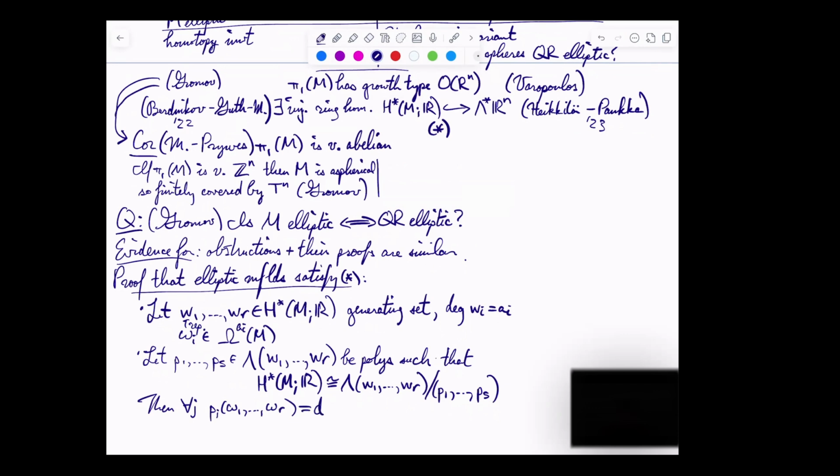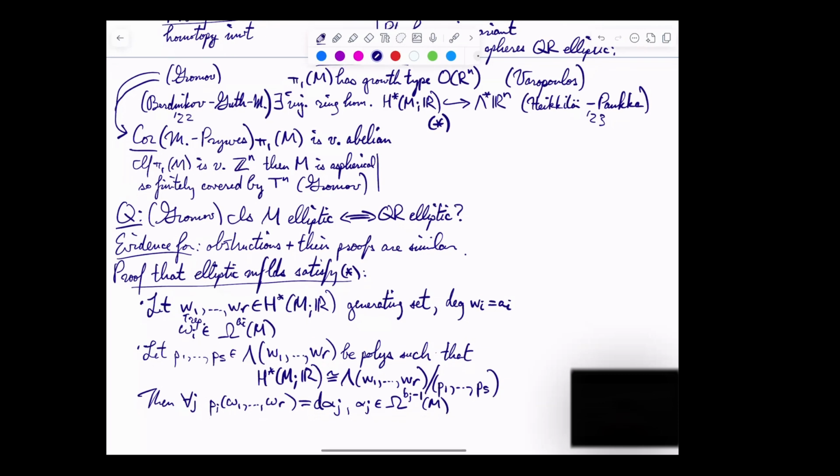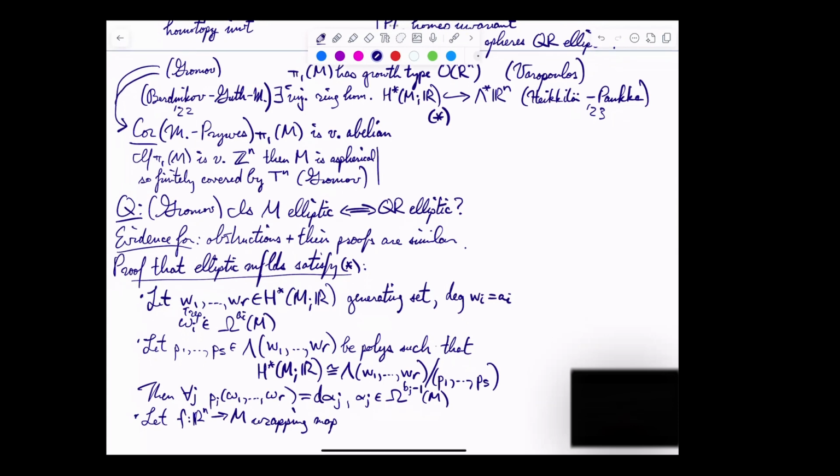So it's d of something, and I'm going to call that alpha_j. This alpha_j is a (b_j minus 1)-form, where b_j is the degree of the polynomial. So suppose we had a wrapping map of our manifold, and what we're going to do is take these forms and pull them back and rescale them.